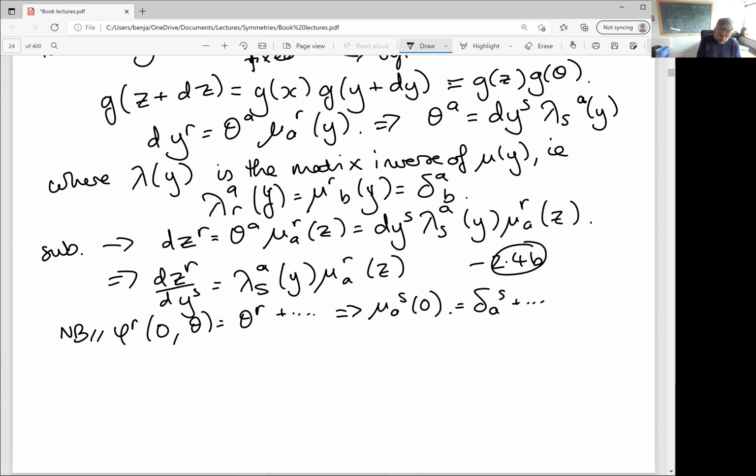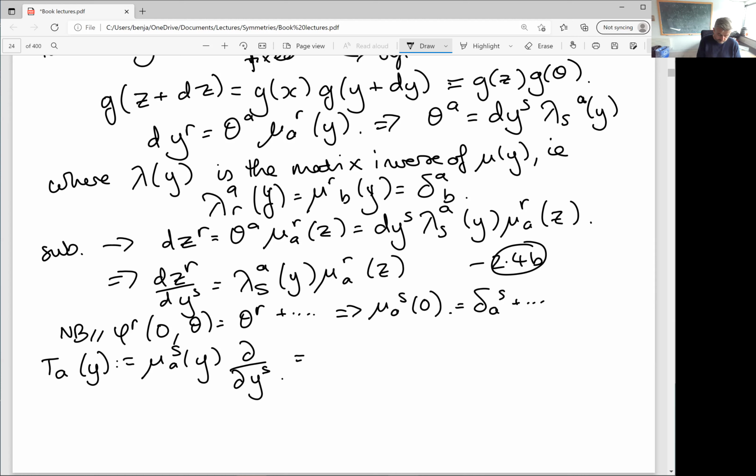Okay, so our tangent space coordinate T_a(y), we're going to define this as μ_a^s(y) times d/dy^s.